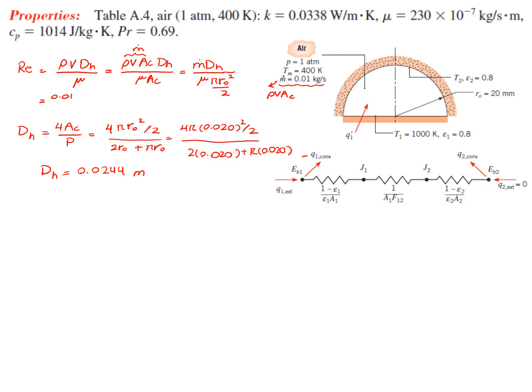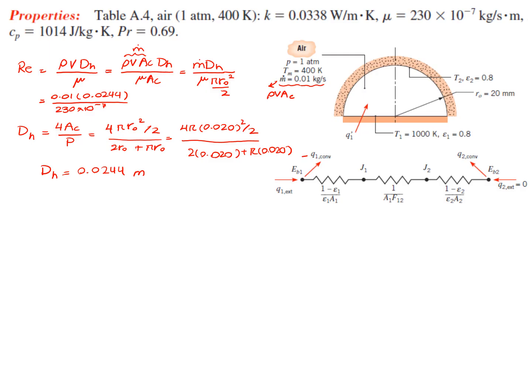0.01 for m dot. dH I just calculated to be 0.0244. Then I'll divide that by mu. I've got that from the table, 230 times 10 to the negative 7. Note here that I've used 400 degrees Kelvin as the temperature for getting values from the table, and the reason is I don't have any better estimate for now.